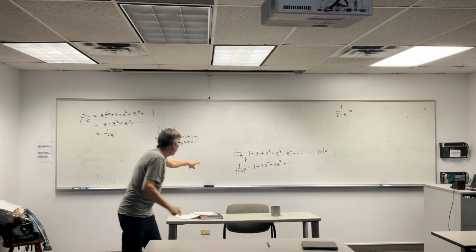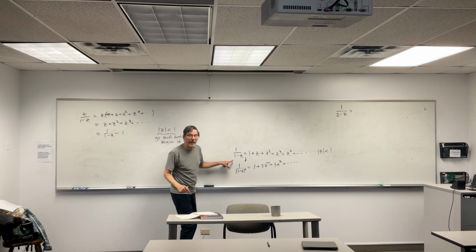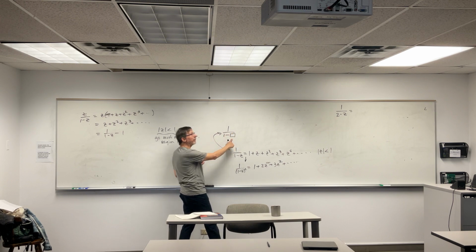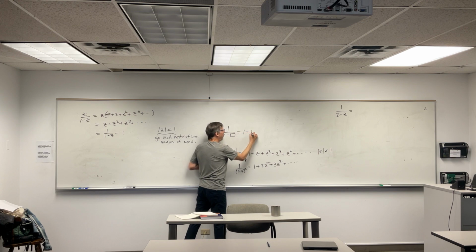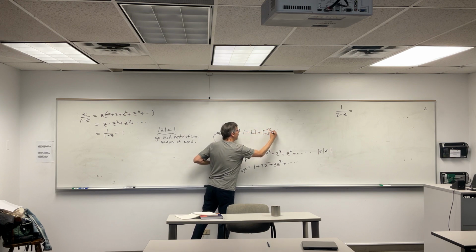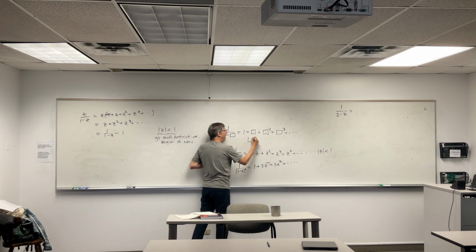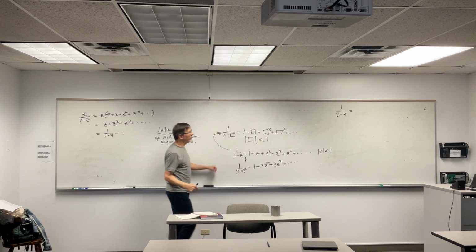Make it look like this, and I'm about to rewrite this. Think of this series actually like this. It's going to help a lot. 1 over 1 minus whatever, doesn't have to just be a variable, is 1 plus the whatever, plus the whatever squared, plus the whatever cubed. And we need to just ensure that the thing inside there has modulus less than 1.